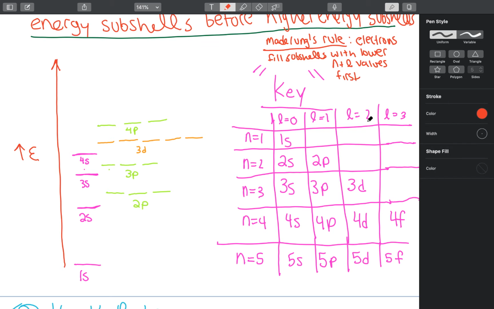So it's a general rule of thumb that basically states that electrons fill subshells with lower n plus l values first. And remember that the value n is the principal quantum number and l is the angular quantum number.